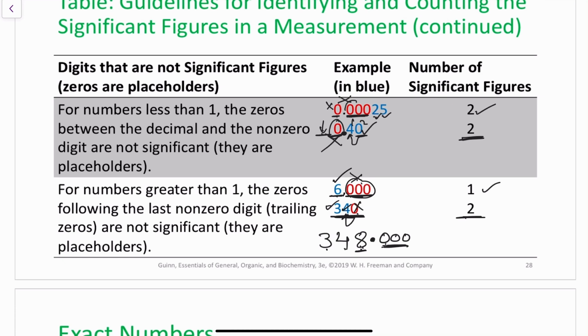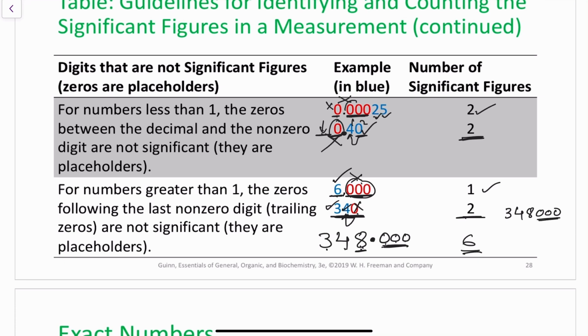1 2 3 4 5 6. Six. But if we didn't have that decimal, for example, if we had 348,000, what's the difference?